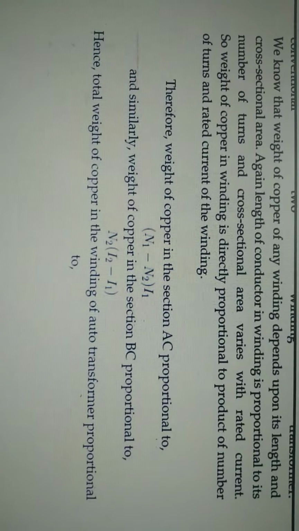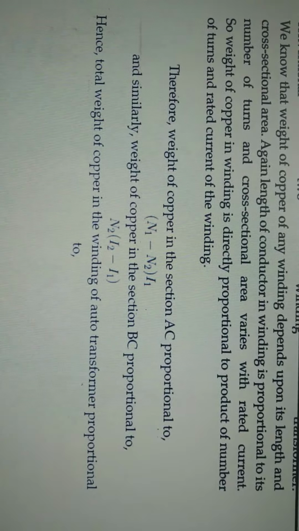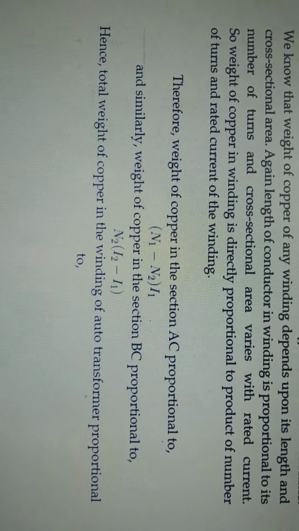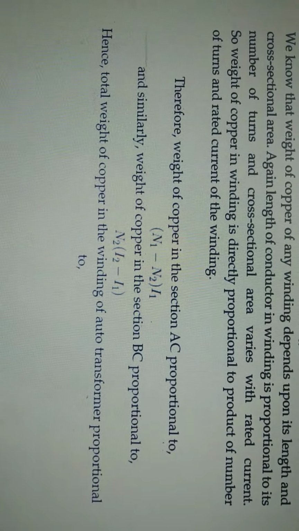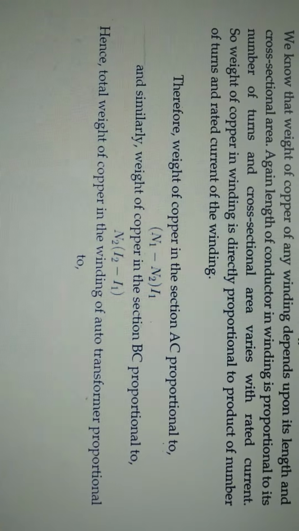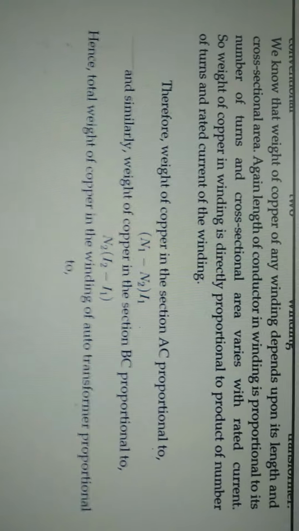Look at the equations. The weight of the copper in section AC is proportional to (N1 minus N2) into I1. The weight of the copper in section BC is proportional to N2 into (I2 minus I1).